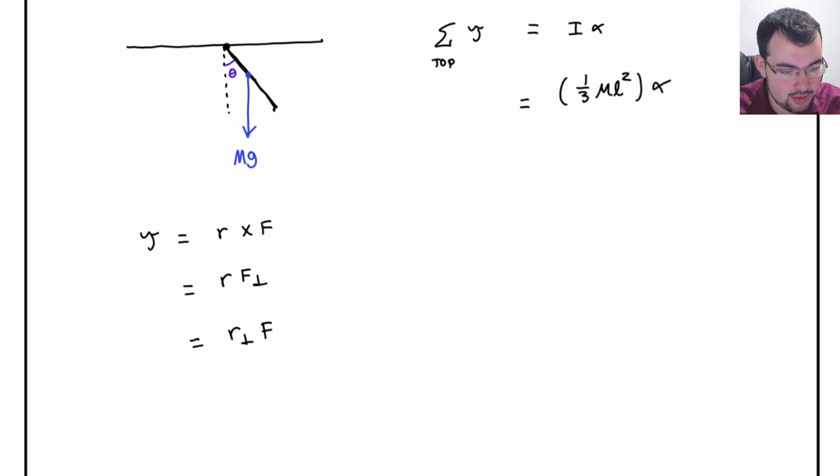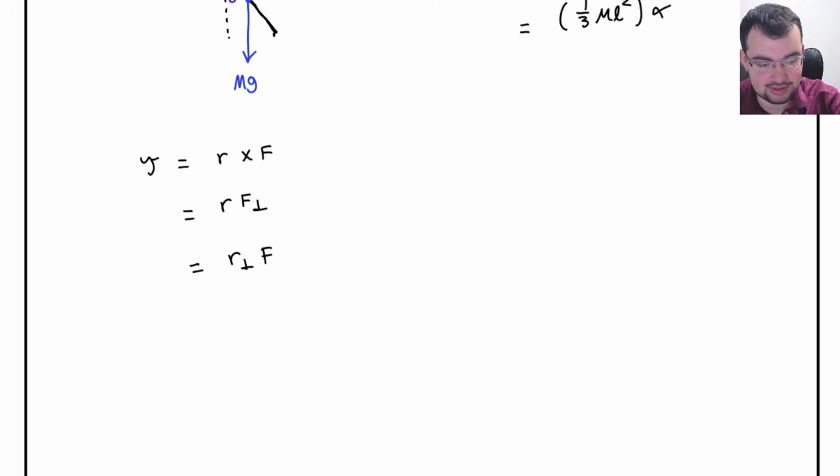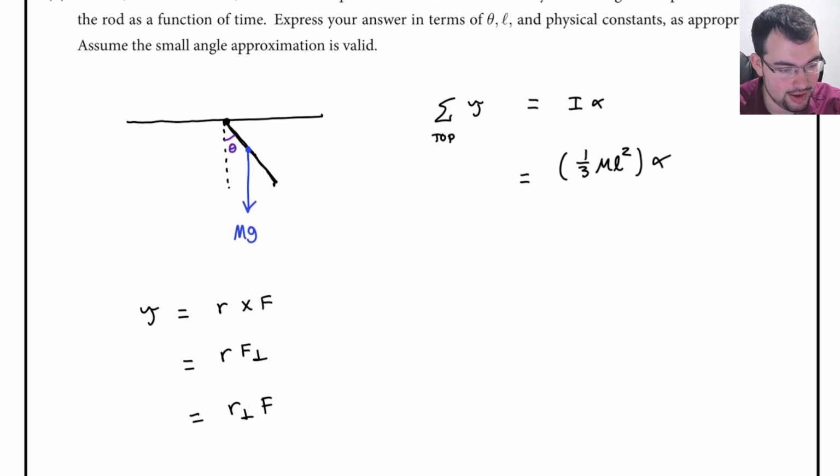One way to do it is to find the component of mg that's perpendicular to the distance of application and plug that in. The other way is finding the distance perpendicular to the line of action of the force. That's the lever arm approach that we're going to use today, because we will know that distance since it's horizontal.